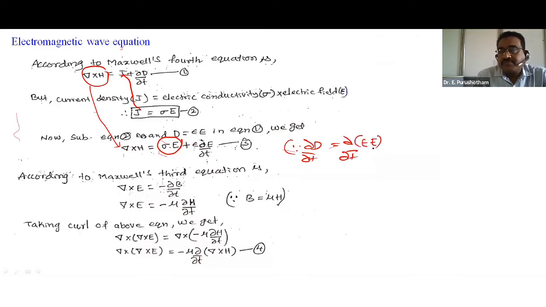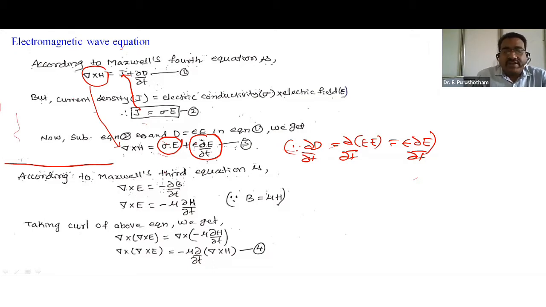D is epsilon E. So we can write epsilon dou E by dou T. That is equation number 3. So up to here, Maxwell's fourth equation gives equation 3.